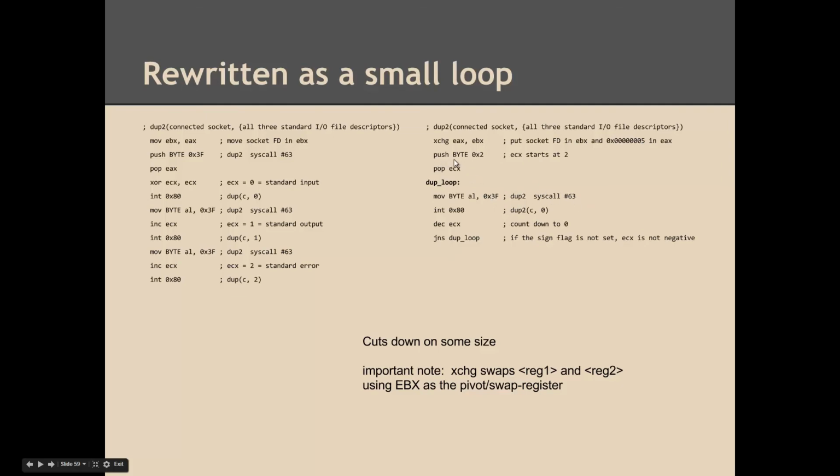So as for ECX, instead of starting with 0 and then 1 and then 2, there are a lot of conditional jumps on whether or not something is equal to 0, or whether or not something is not negative or not signed, etc. And by starting at 2, we can take advantage of those features to make this a little bit more concise.